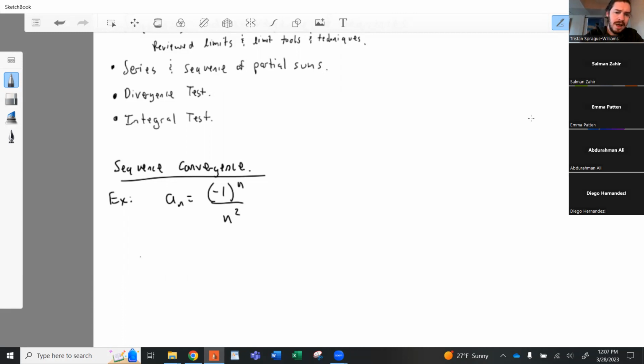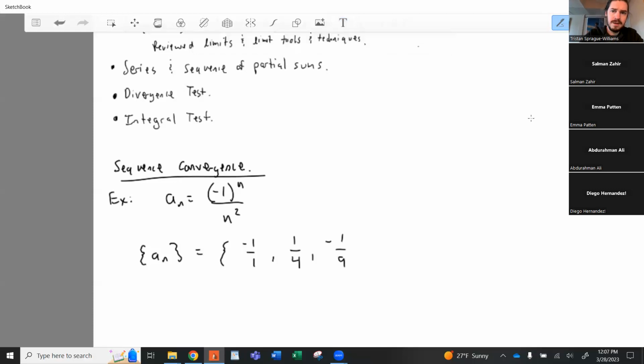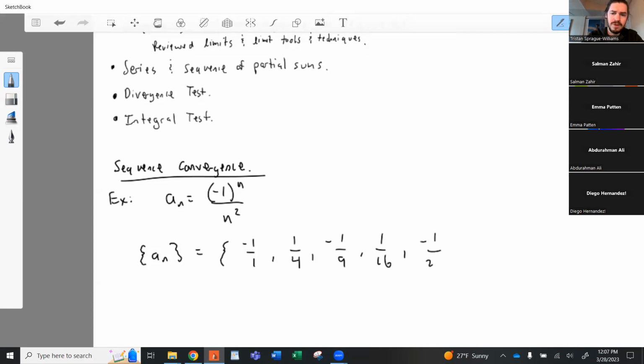So this is equal to -1 over 1, and then 1 over 4, and then -1 over 9, and then 1 over 16, and so on. -1 over 25, 1 over 36, etc. That is what that sequence looks like.